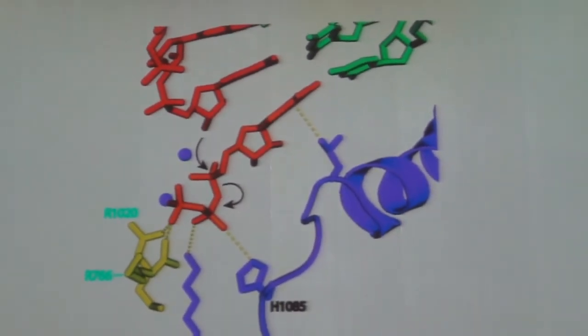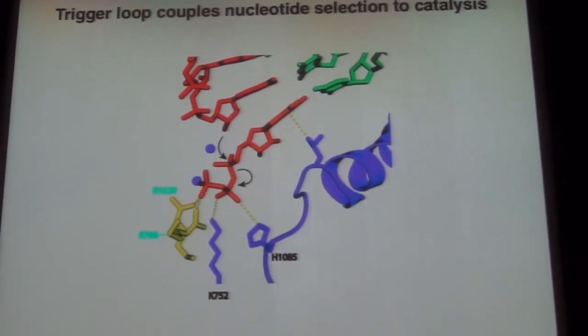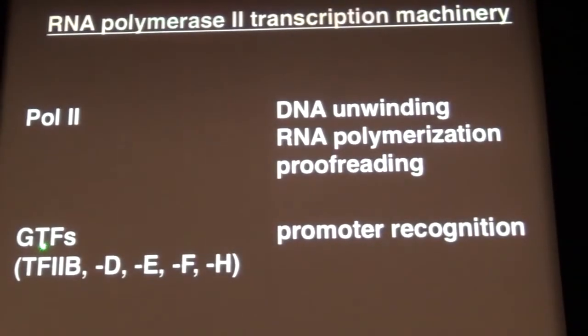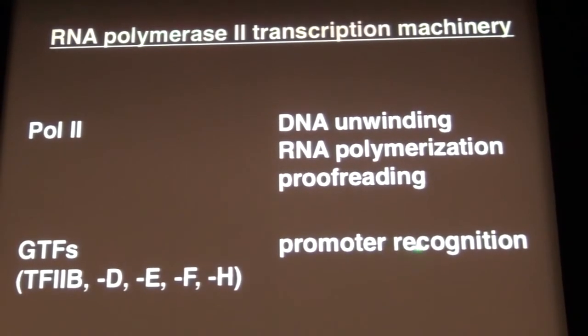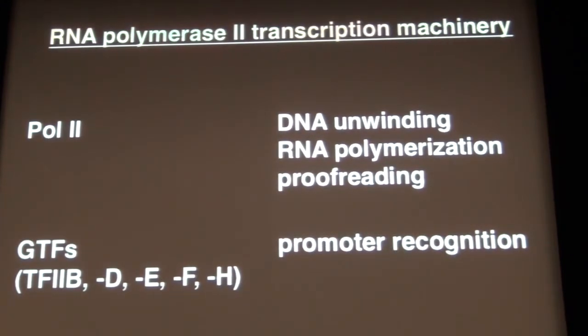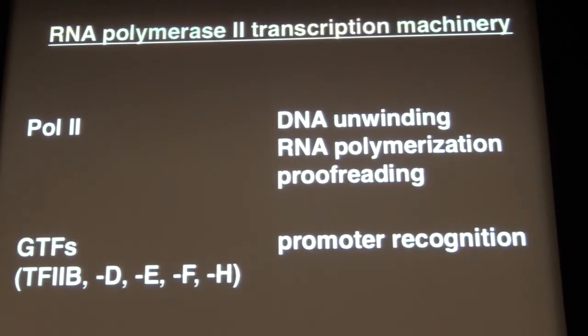Now I will turn from the detailed mechanism of transcription to what I alluded to before concerning the general transcription factors, the recognition of the start site of the gene and the beginning of the transcription process. Here again, I will show you only one example from the work done over the years that is merely illustrative.